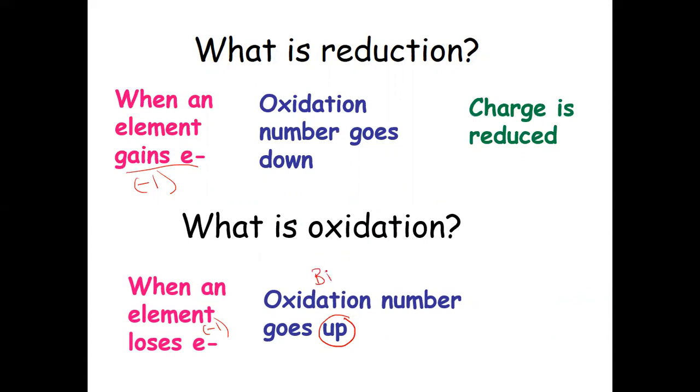I like to remember that an ox is a big animal, big ox. And the oxidation number goes down for reduction. Reducing means going down. So the oxidation number goes up in oxidation and goes down in reduction.